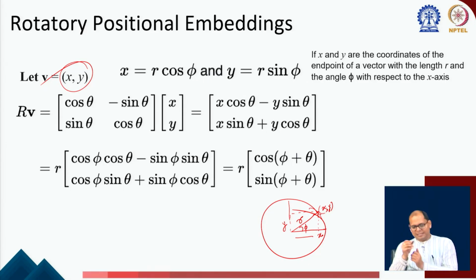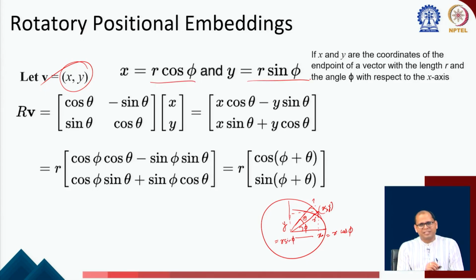Now, I rotate it by theta. What will be the new value? Initially, what is x? If this length is r, x is r cos phi, since the angle was phi, and y is r sin phi.